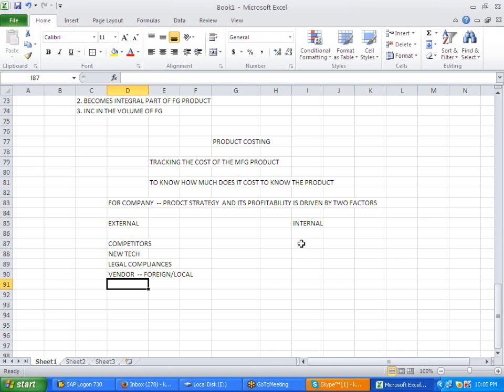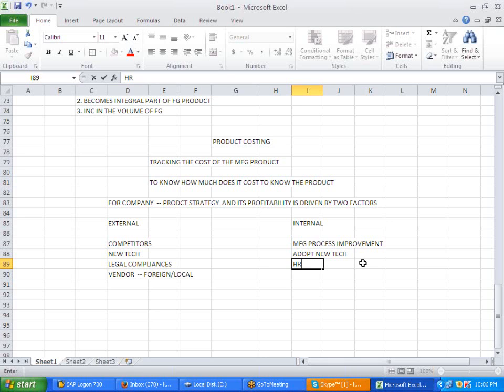Let's take the internal perspective. Manufacturing process improvement, if they're trying to bring that in, it affects the cost. Next, adopting new technologies, if they are adopting some new technologies, it affects. If they are going for high-end resources, like Muhammad is a very high-end resource because of the number of implementations, if they are hiring such a resource, it impacts their cost.